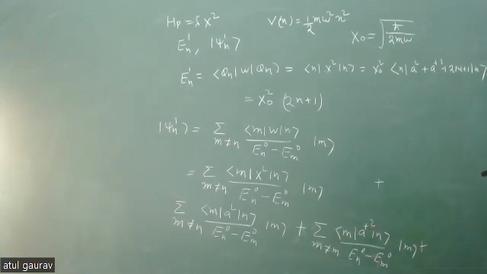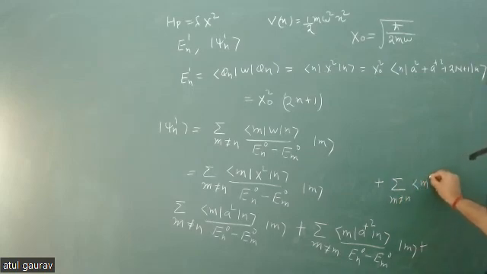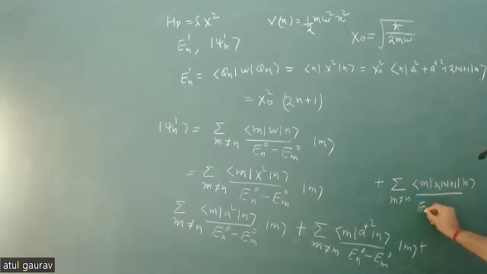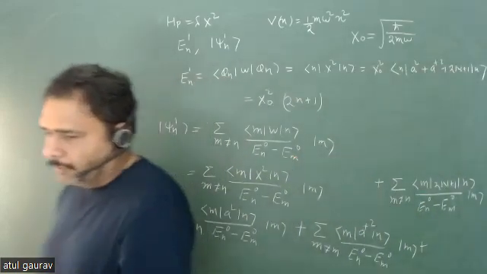What will this become? Summation over m is not equal to n, m 2n plus 1, n upon En0 minus Em0, m ket. Okay, so this is the basic story.